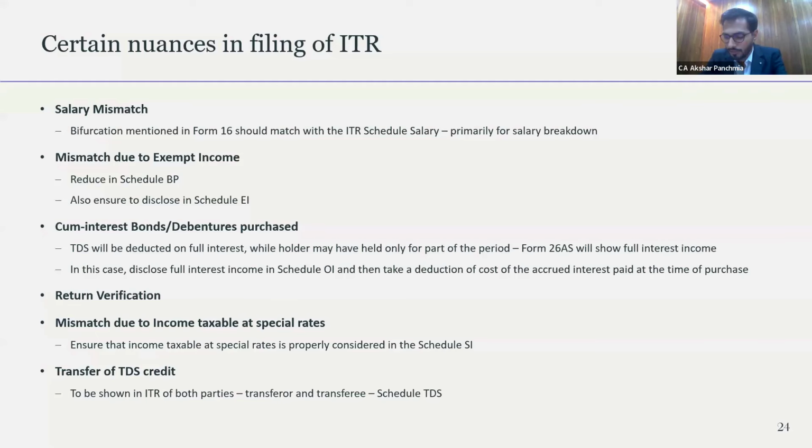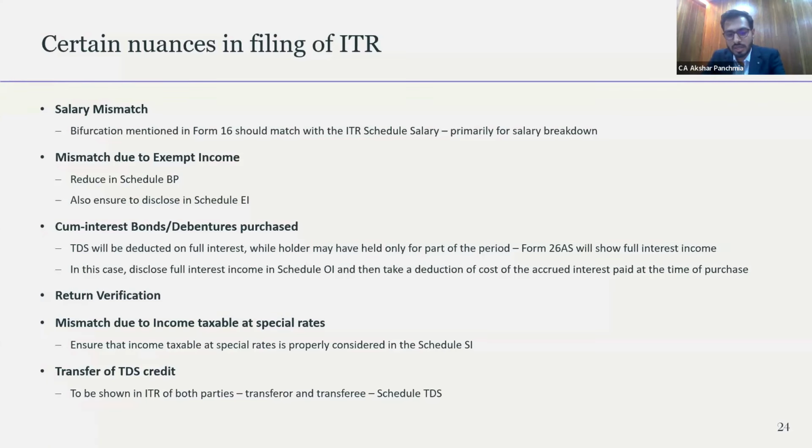mention details of clubbing. Now, what one normally does is, if there is income of my son being clubbed in my return, I will just file my return and I will take the income in my return, show the TDS, everything, and close the matter.